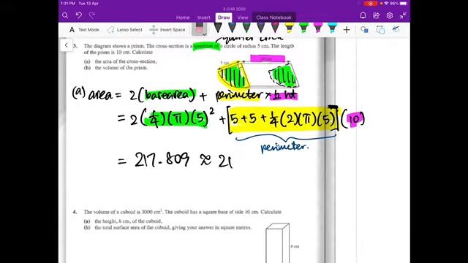What is it, Nivet? Sorry, they only want the area of the cross section. Okay, so they only want the area of the cross section. Which one is the cross section?